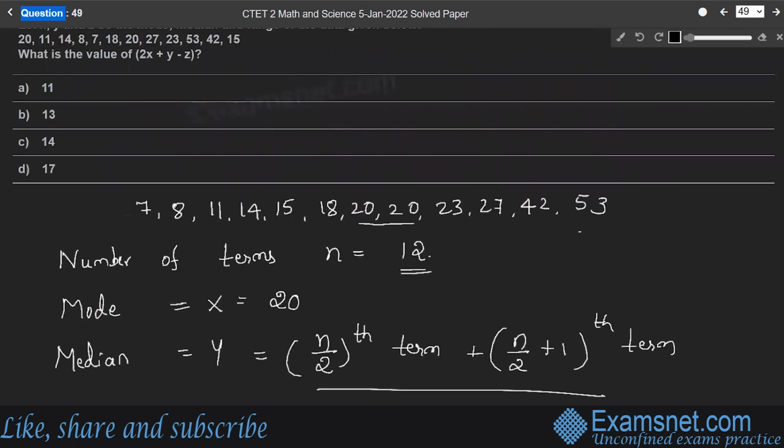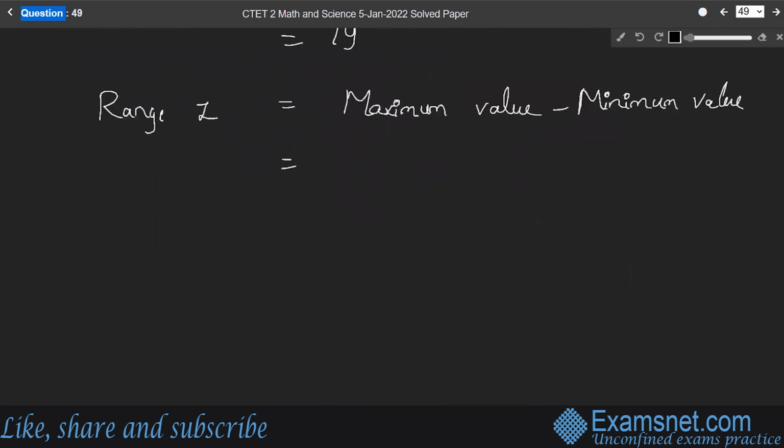It is 53 and minimum is 7. 53 minus 7, which is equal to 46. So range of the given data is 46.